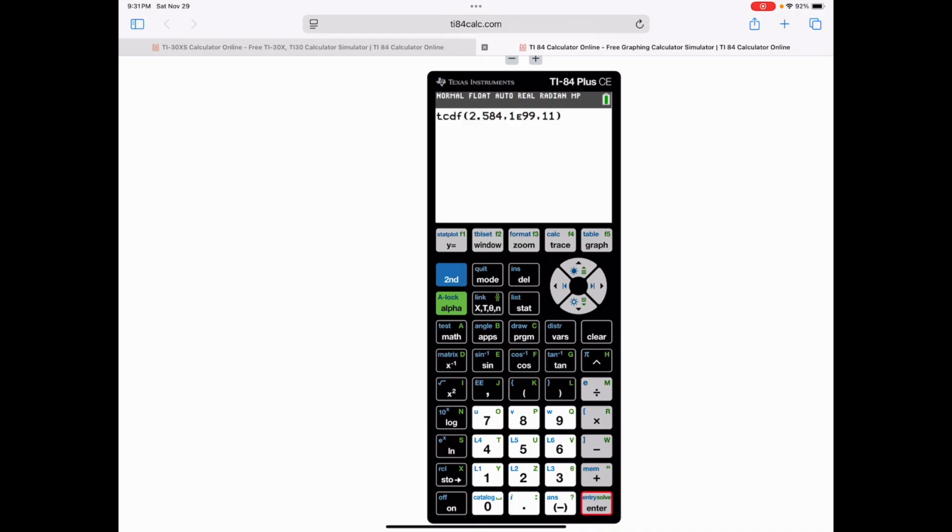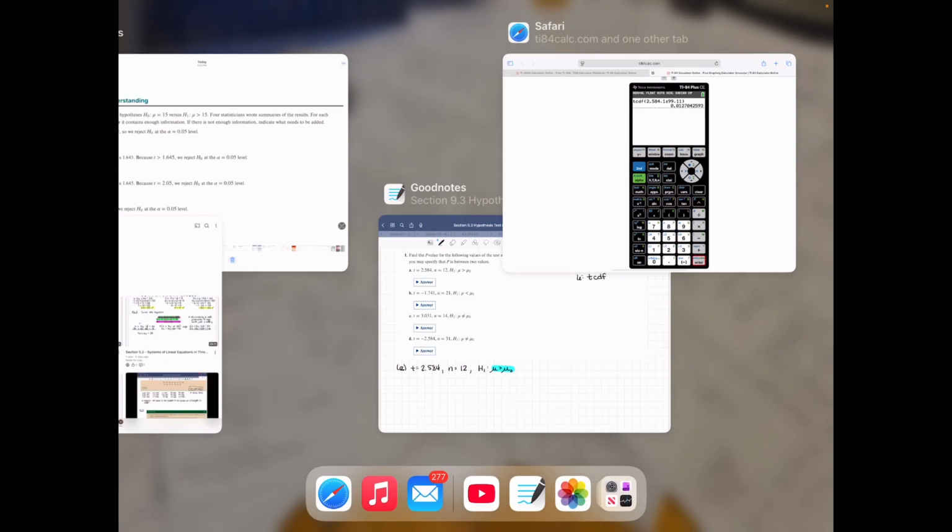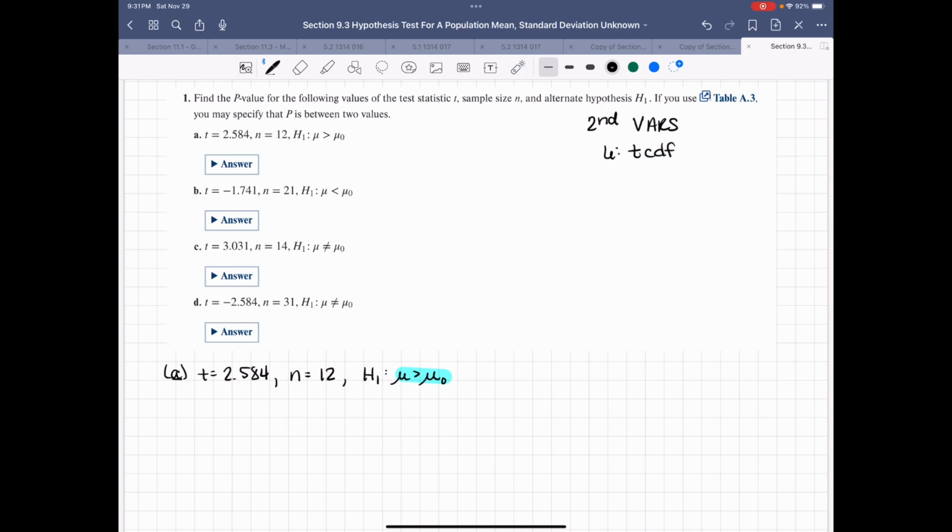And remember, guys, t is 2.584, and what are we looking for here? We're looking for our p-value. So we're looking for that shaded part, and I'll draw a picture in just a second. That gives me an answer of 0.0127. So let's write down what we did.